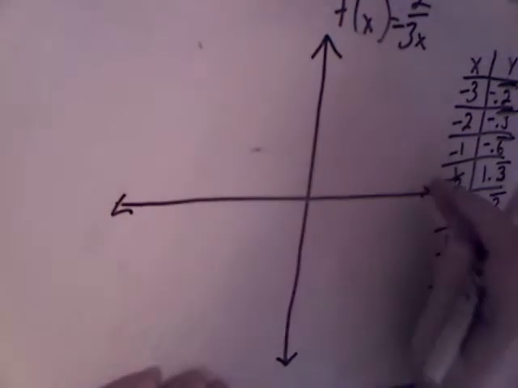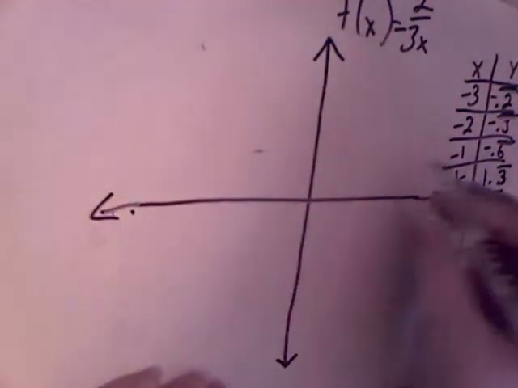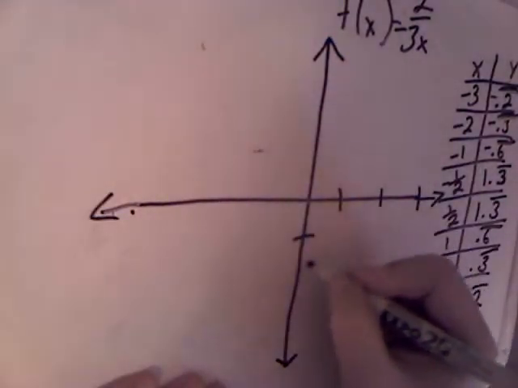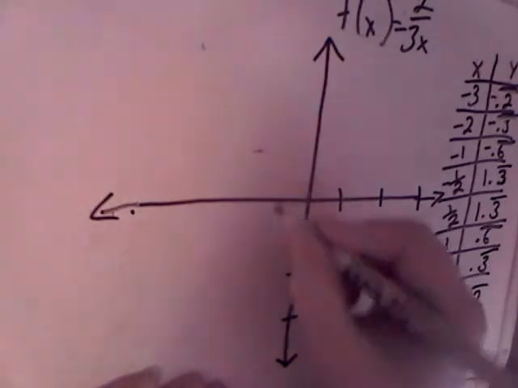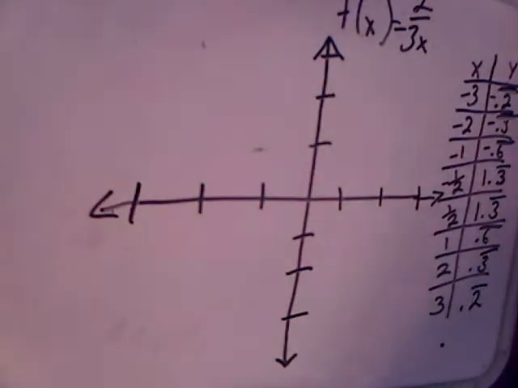I know I don't have to get any bigger than 3, so I'm going to give as much room as I can for each of these. So I have 1, 2, 3, 1, 2, 3, 1, 2, 3, 1, 2, 3. I'm not going to say anything about what each of these marks mean, so you can just assume that they're all going to be one whole number spaced between.